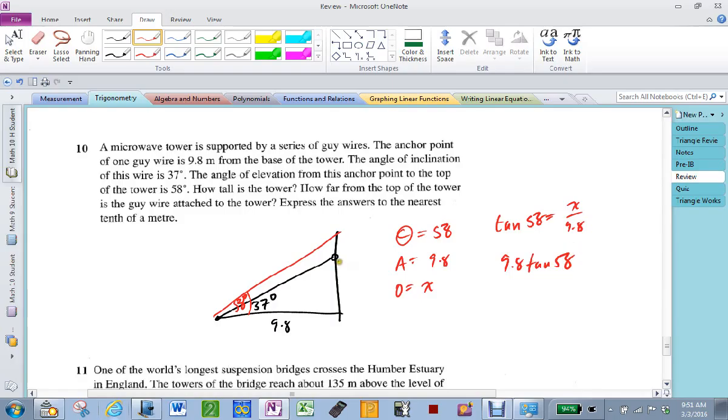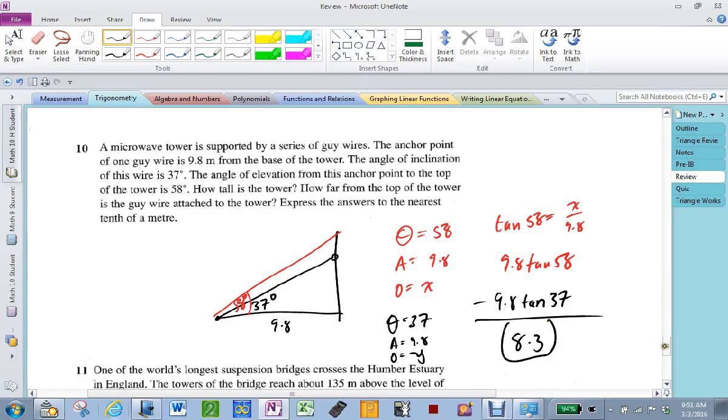And then I need to subtract this height, don't I? To find the difference. So I go to the other theta, which is 37. My A equals 9.8 and my O equals y. So that is going to be 9.8 tan 37. And what do I have to do with those two? Subtract them to get what for an answer? 8.3. Everybody cool?